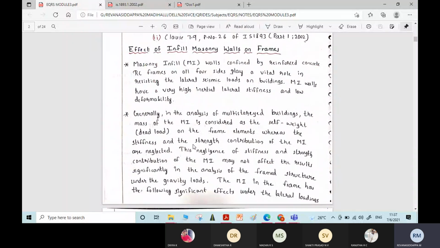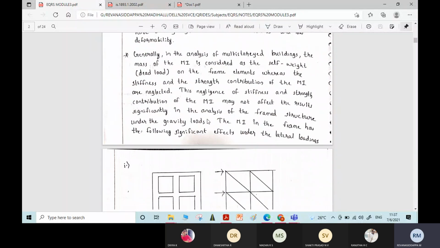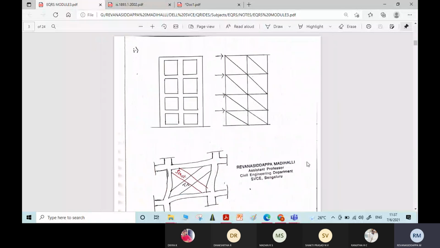Let us see what the effect of infill masonry walls on frames is. Please write these three figures.